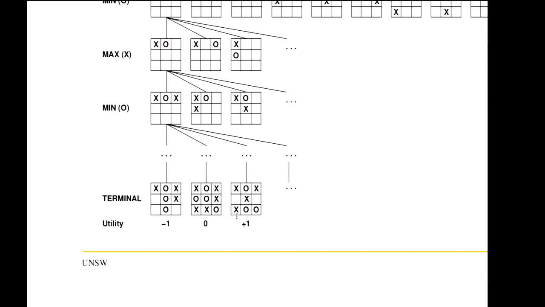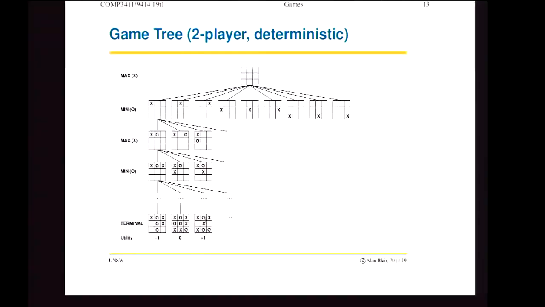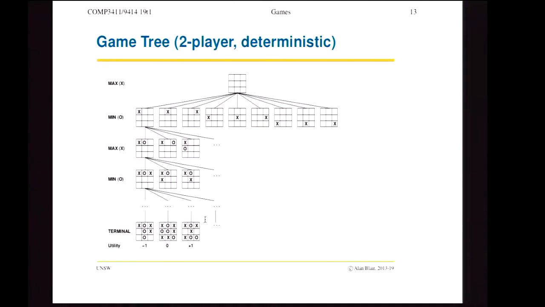Here, X has managed to get 3 X's in a row on this diagonal, so that's a +1 for X. And here it's a draw. Neither player has won, so this is considered a 0. So theoretically, at least, and for this game, you probably could draw out the whole game tree. I think there's about 45,000 possible states or so.